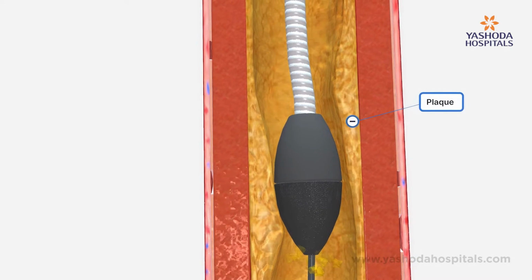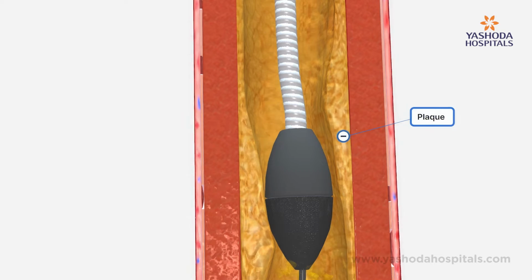Similarly, to remove the calcium which is layered within the blood vessels, we use atherectomy devices, which can be either a rotational atherectomy, orbital atherectomy or a laser atherectomy, to remove the calcium or the extensive cholesterol plaque within the blood vessels.